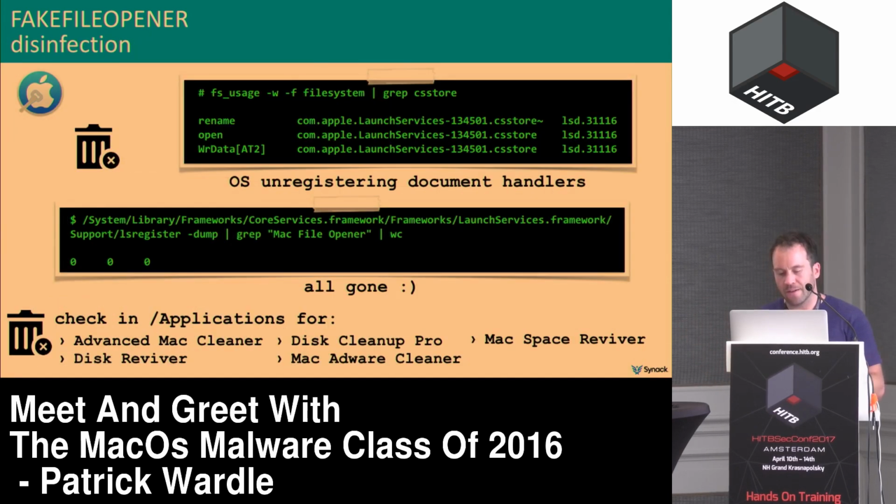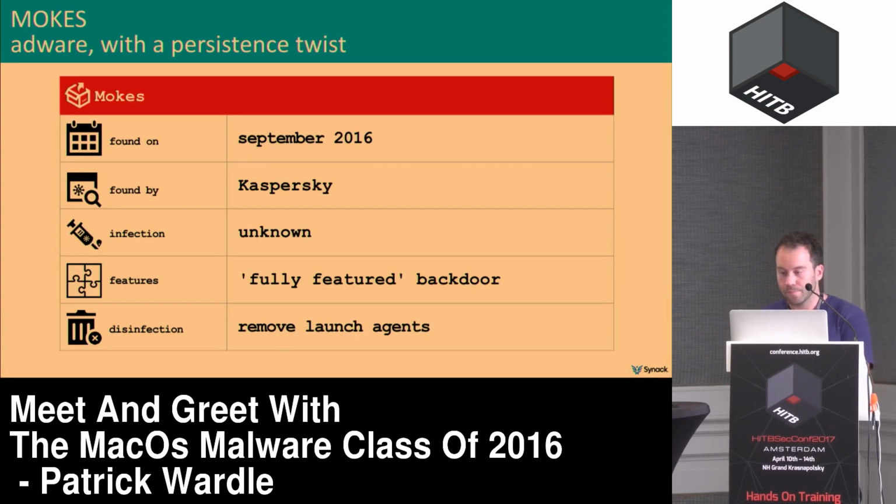So, kind of lame and annoying. To disinfect yourself, you simply delete the application binary. Behind the scenes, this will unregister all the document handlers. And this malware is generally associated with other adware, so it's wise to check whether you have any of those other applications installed on your system as well. And if so, delete them.